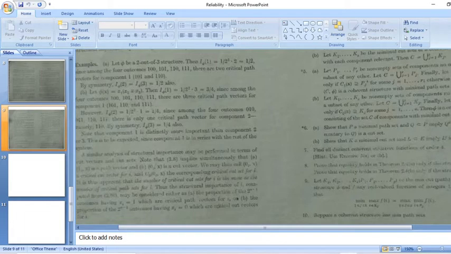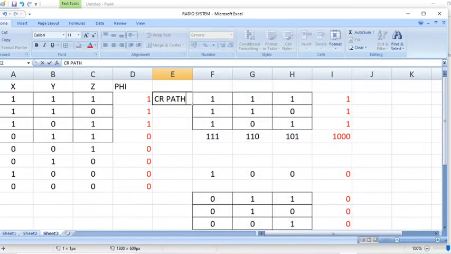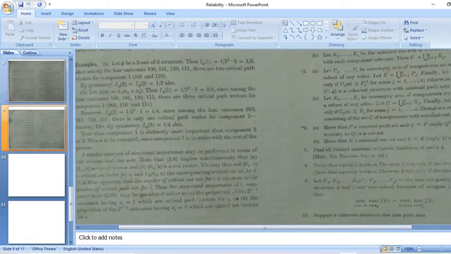So what will be the importance of that component? What is the importance of that component?